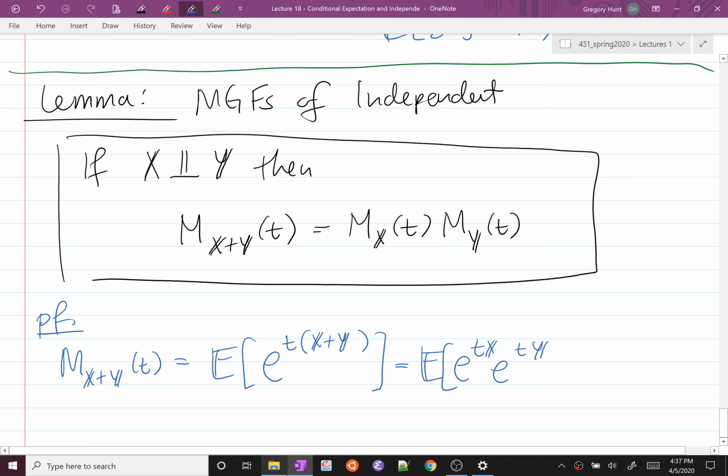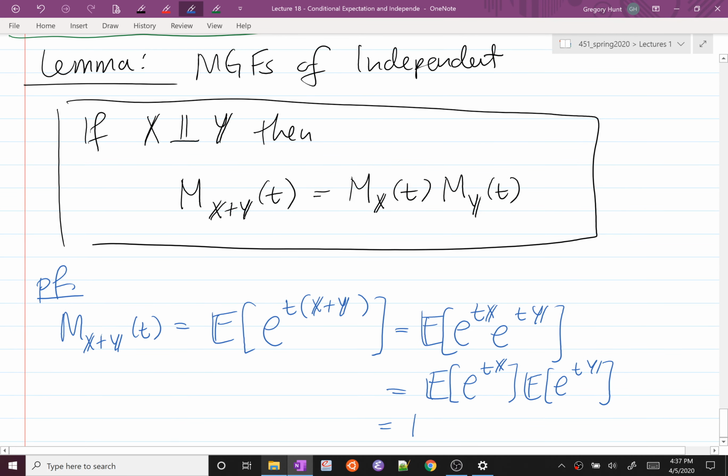And factorization says this is the expected value of e to the tx times the expected value of e to the ty. And that is, of course, M_X(t) times M_Y(t). So for sums of independent random variables, the moment-generating function is just the product.